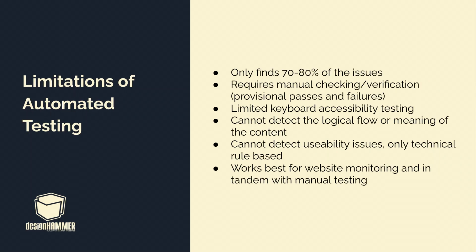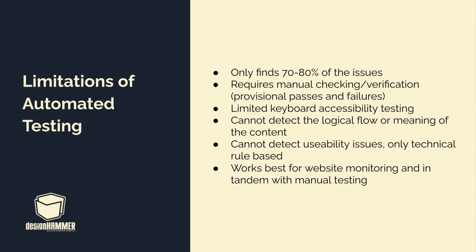Limitations of automated testing. Statistics say they only find 70 to 80% of issues. I think the biggest issue, though, is that they actually require manual checking or verification to be useful, right? Take an image, for example. It's supposed to have alt text. Most of us probably know that. But that's not 100% true, right?